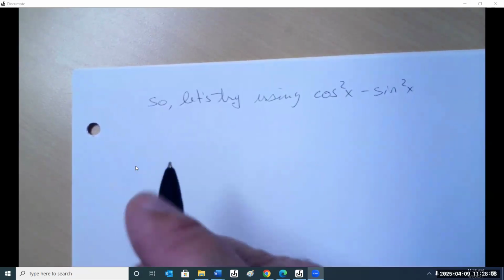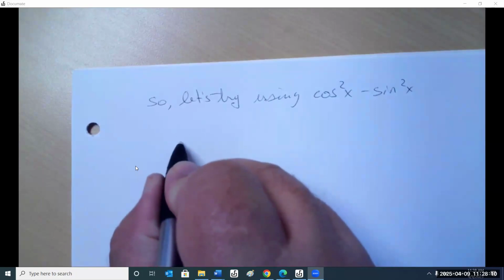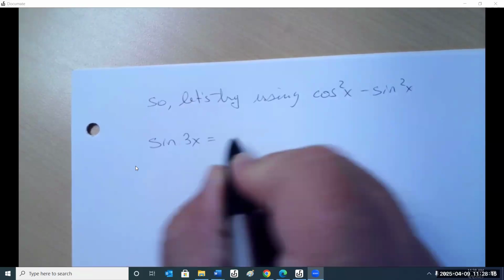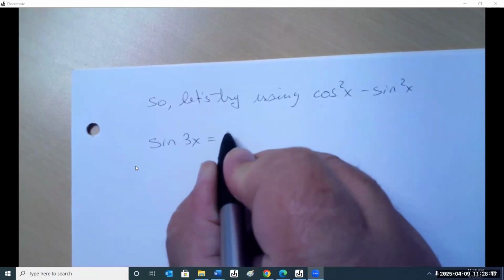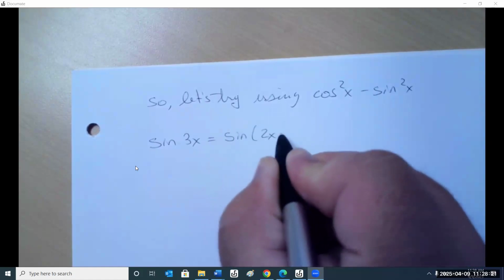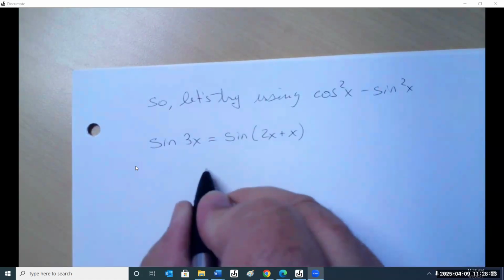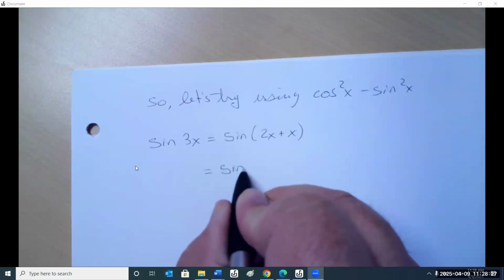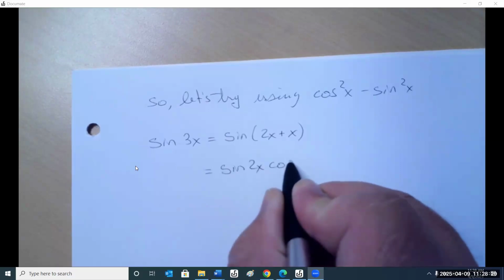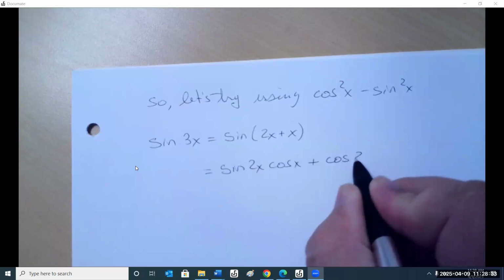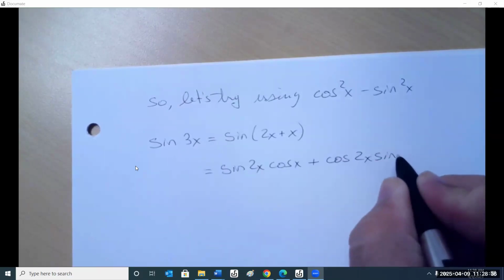So that would give us sine 3x is equal to sine of 2x plus x, which makes it sine 2x cosine x plus cosine 2x sine x.